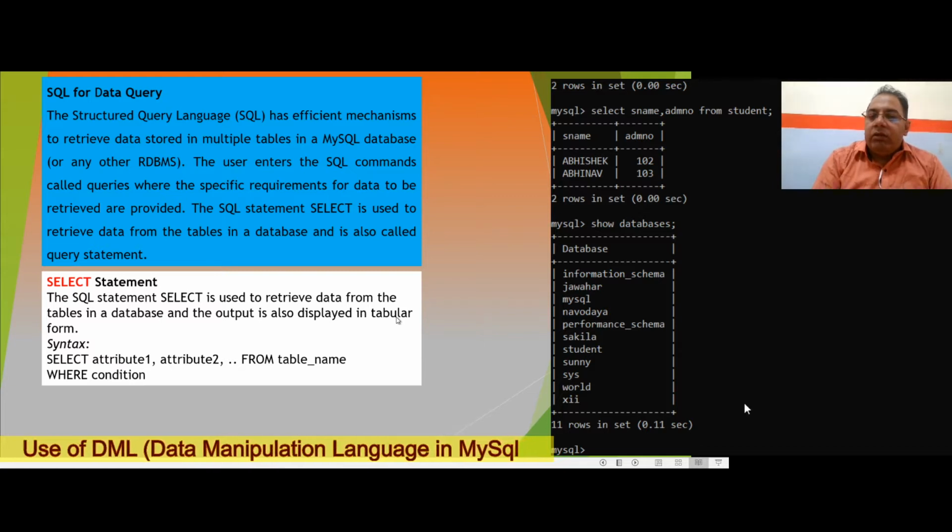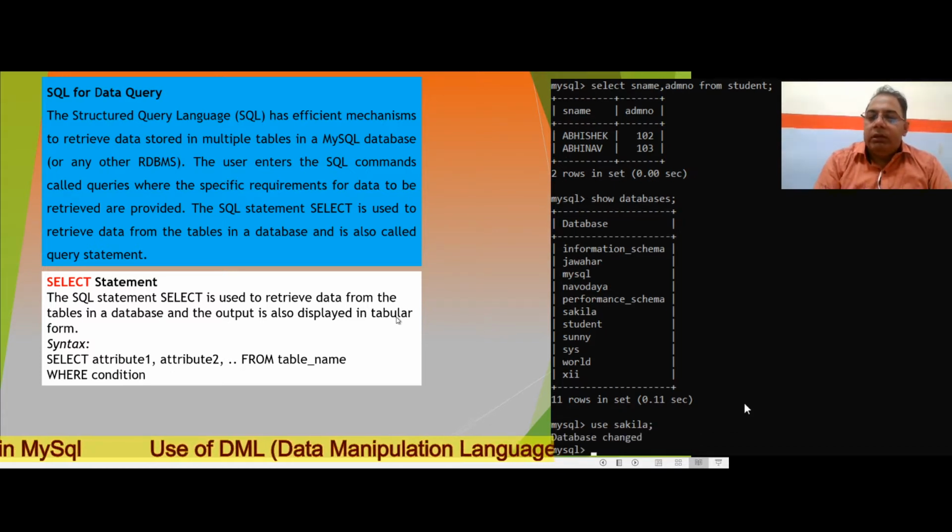Here we have so many databases: information_schema, Jawahar, MySQL, Navodaya, performance_schema, Sakila, student, Shani, sys, wired, and 12th. Now I want to use Sakila as my database.